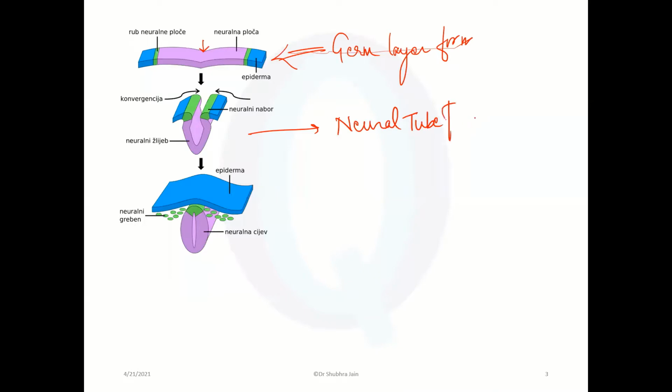Neural tube formation. After the neural tube, do you see these green areas? These green cells are the most important cells. These are called neural crest cells. Now these neural crest cells come off and migrate to different areas of the body.